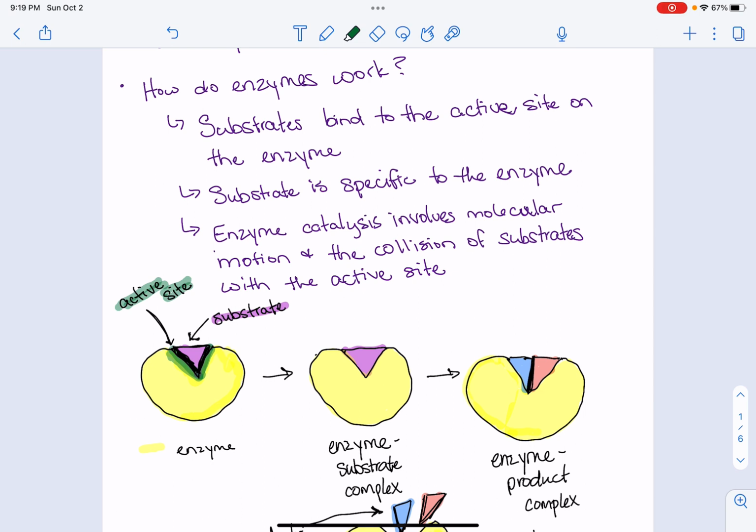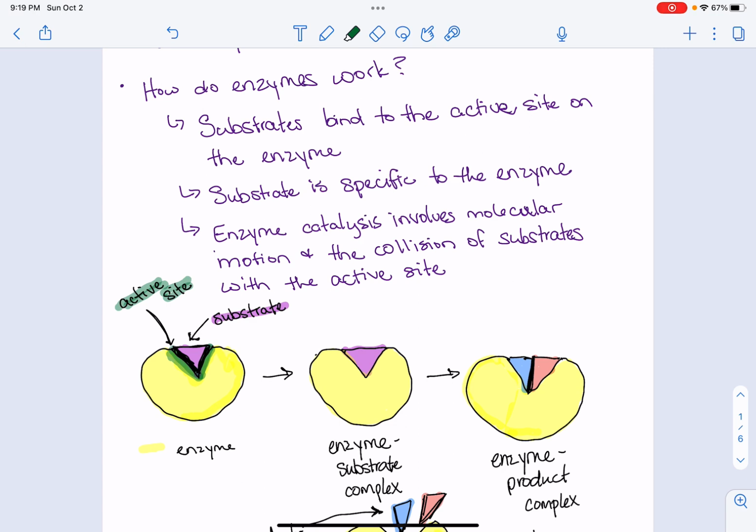So substrates and enzymes are floating around in whatever liquid, like let's say we're talking about the small intestine, because there are a lot of enzymes in the small intestine. So enzymes and substrates are moving around, and the enzyme and the substrate will collide because they're both moving around.